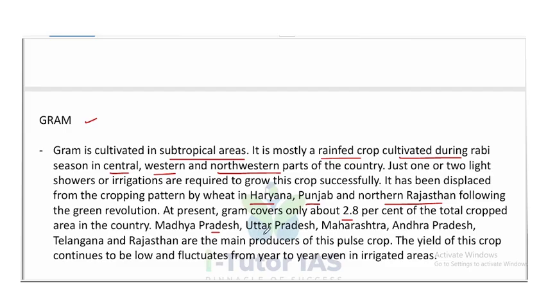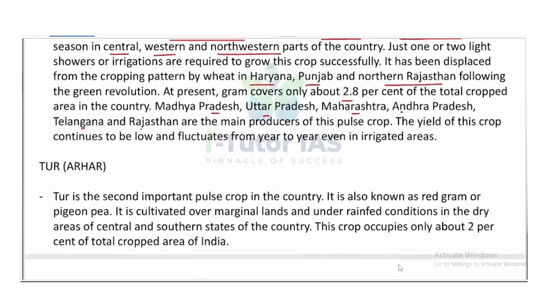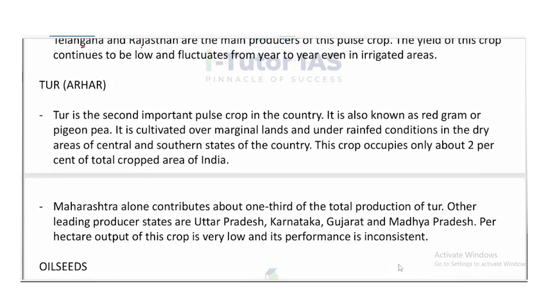Madhya Pradesh, Uttar Pradesh, Maharashtra, Andhra Pradesh, Telangana and Rajasthan are the main producers of this pulse crop. The yield of this crop continues to be low and fluctuates from year to year, even in irrigated areas. Now, thur or arhar.